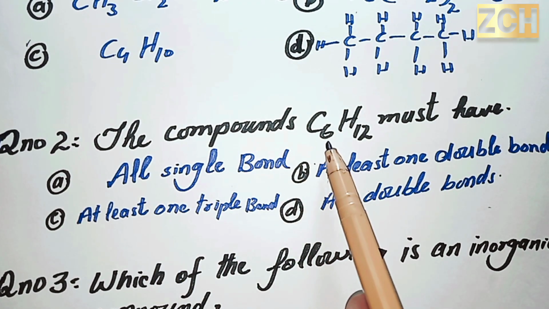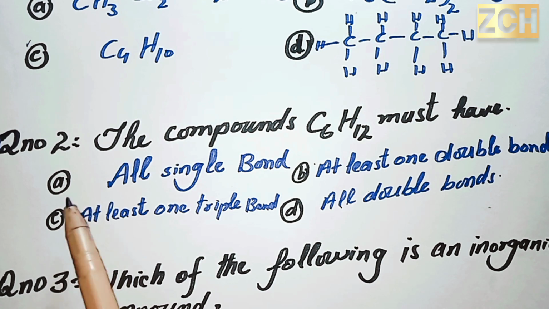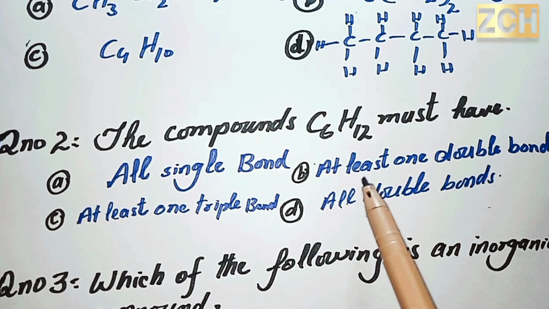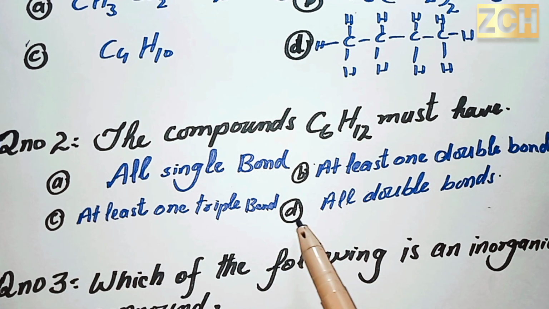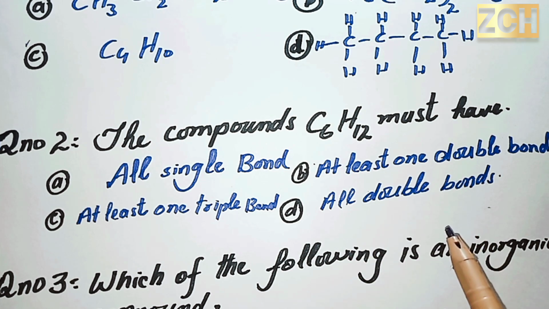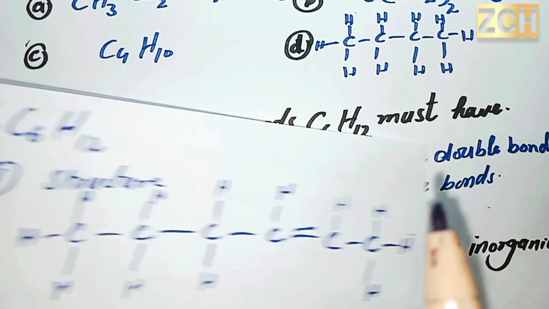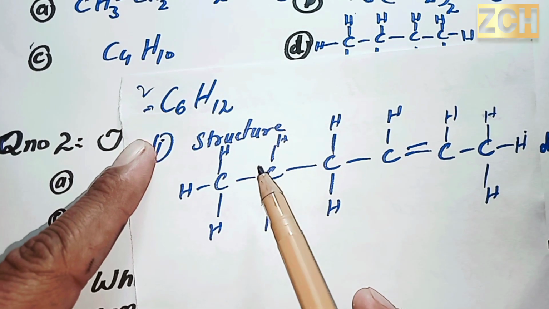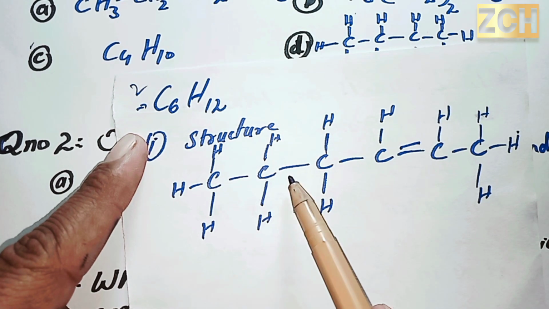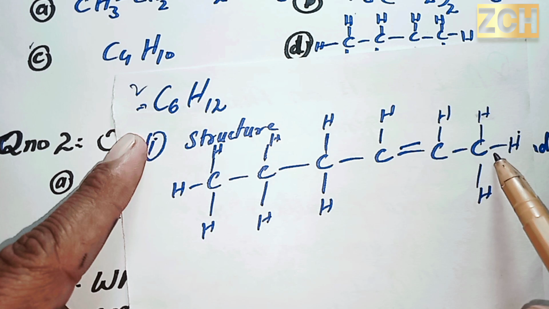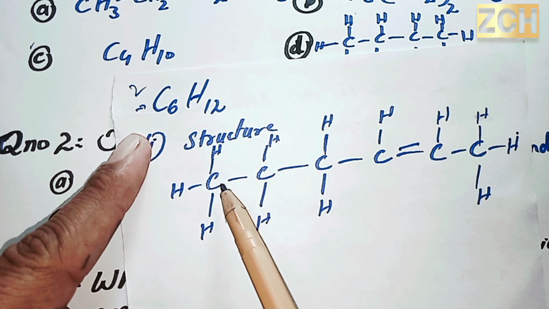Next question, number 2. The compound C6H12 must have: option A, all single bonds; option B, at least one double bond; option C, at least one triple bond; and option D, all double bonds. When we write the structural formula of C6H12, first we write the 6 carbon atoms, then we write their bonds by completing their valency.